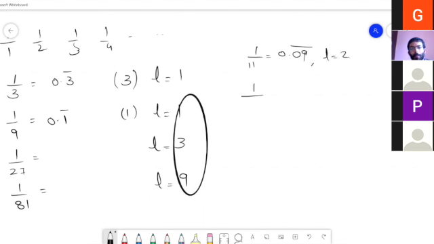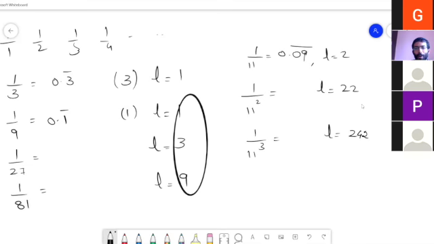And then if you consider 1 by 11 square, this is difficult to compute, but the length of the repeating block is 22. And for 11 cube, the length of the repeating block is 242. Am I right? Yeah. Okay.